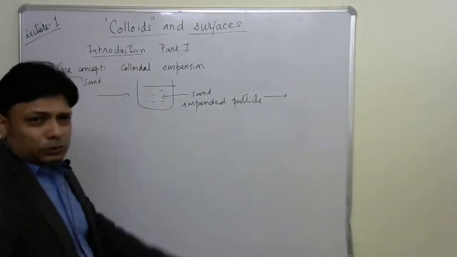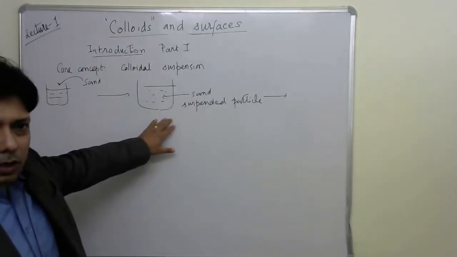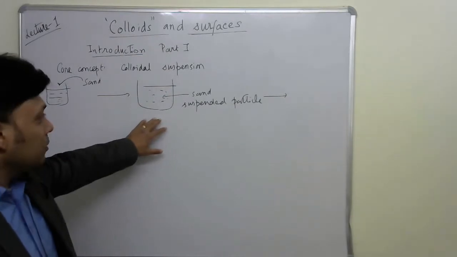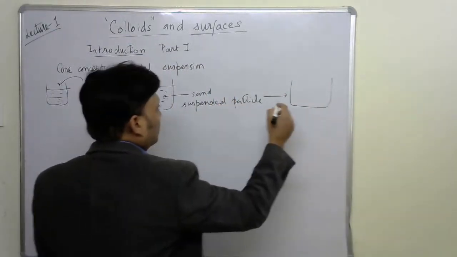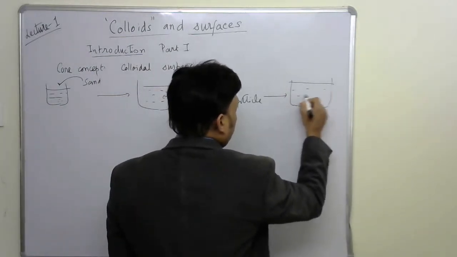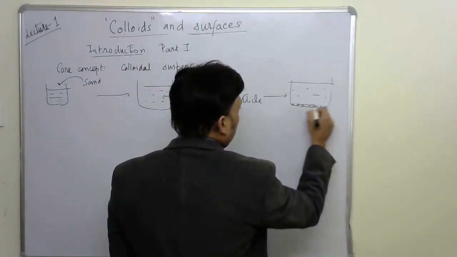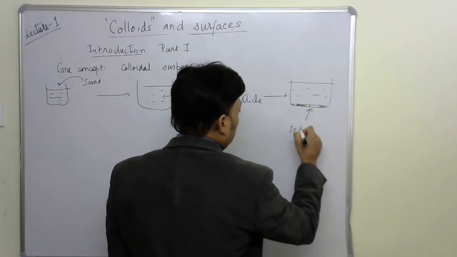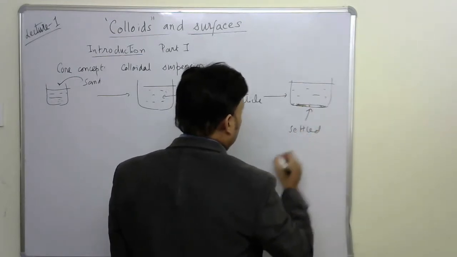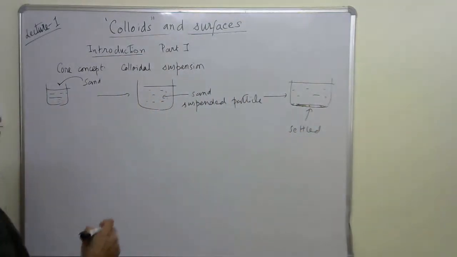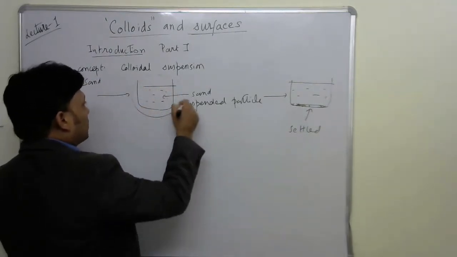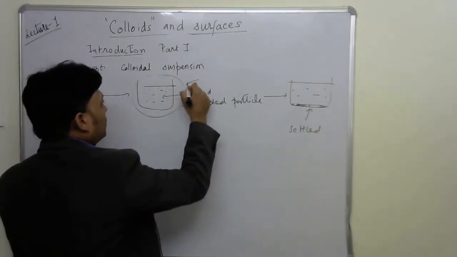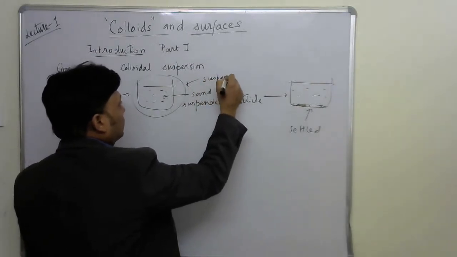This suspended particle will not stay in that water forever. After a certain time, if we stop the stirring, the particles would settle down at the bottom. So we call it settled. But before it gets settled, this part we call a suspension.